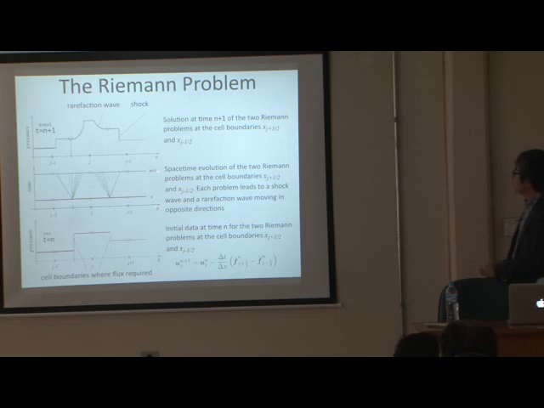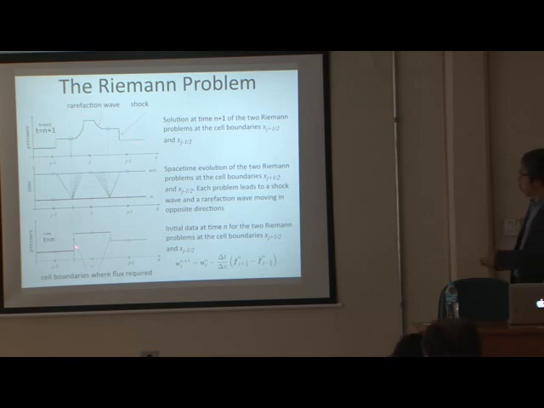This is the spatial evolution of the two Riemann problems at the cell boundary. Each problem leads to a shock wave and a rarefaction wave moving in opposite directions. This is the solution at time t equal n plus 1.